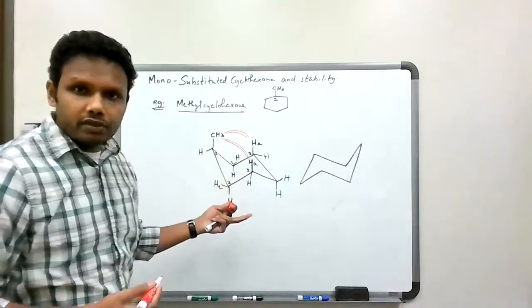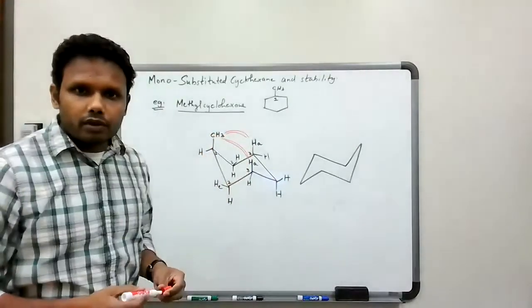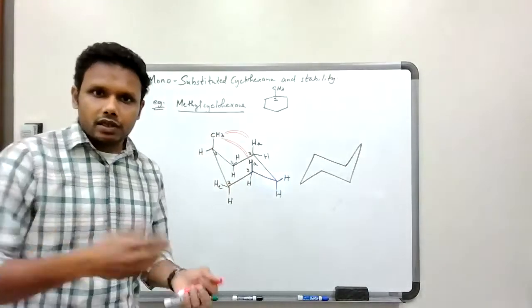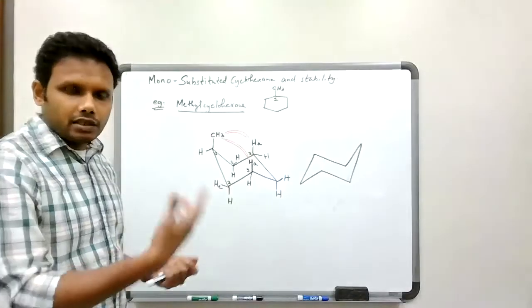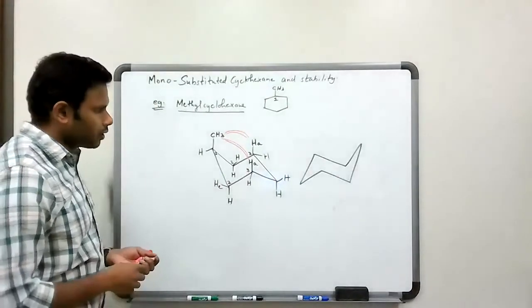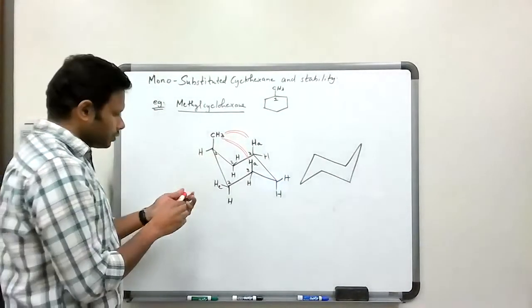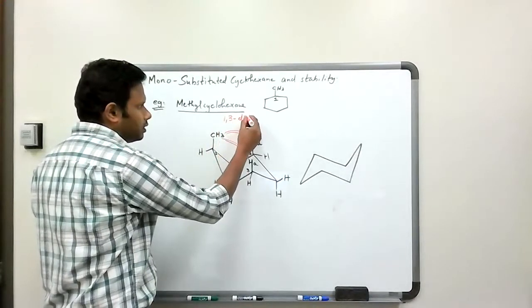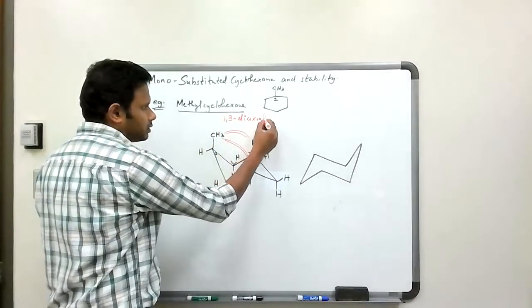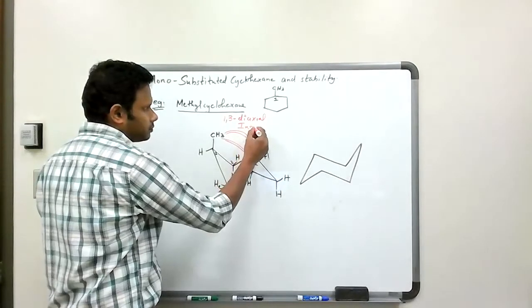Now, in this picture, they look really far apart, but that's not really the case. They are close enough. And when we go to more substituted cyclohexanes, we will see that there is a lot of crowding happening over there. So this here represents our 1,3 diaxial interaction.